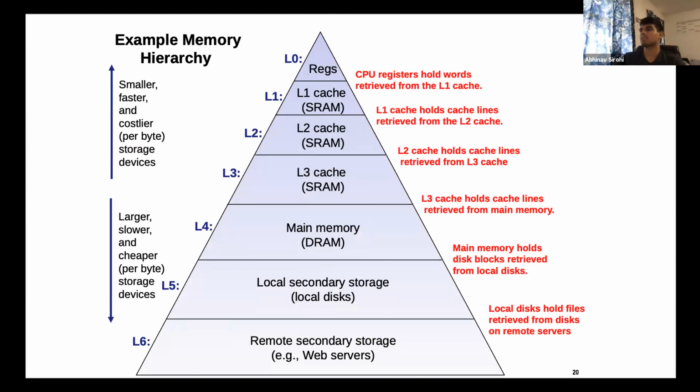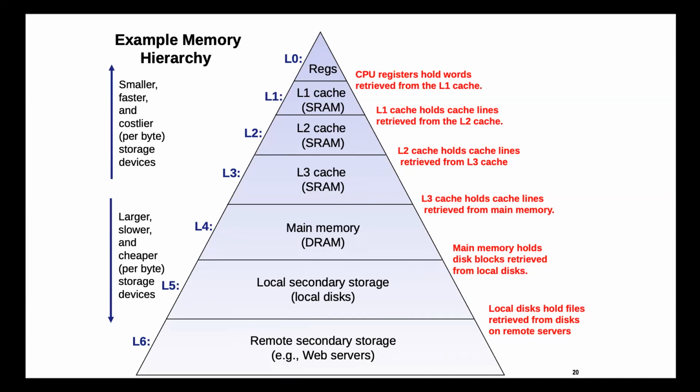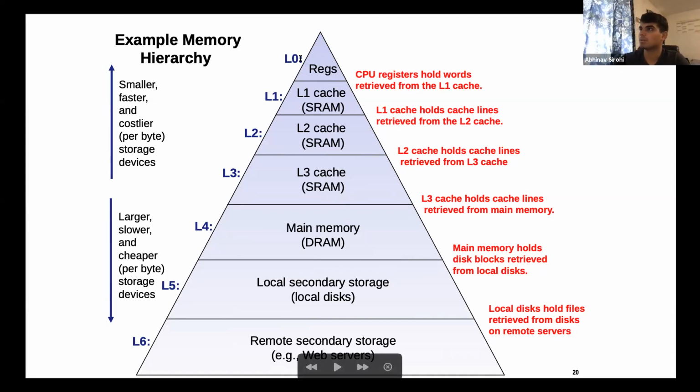This is a pyramid that depicts the memory hierarchy. We have registers, which are the closest to the CPU. This is where the CPU, or I guess the arithmetic logic unit, directly gets things from. The CPU gets these from the L1 cache, L2 cache, or L3 cache.